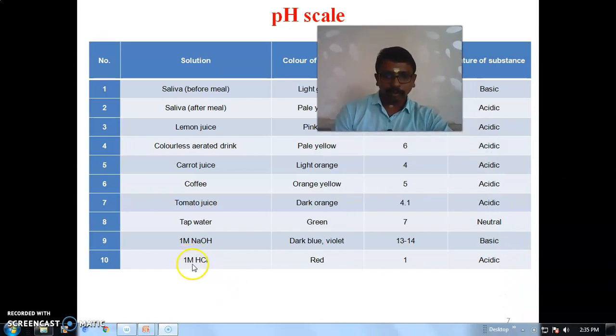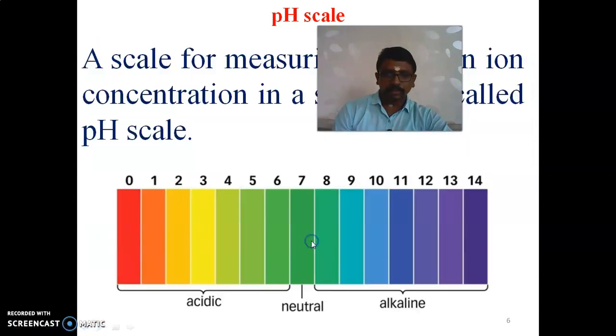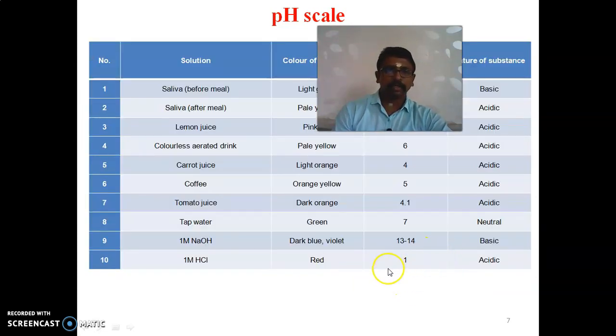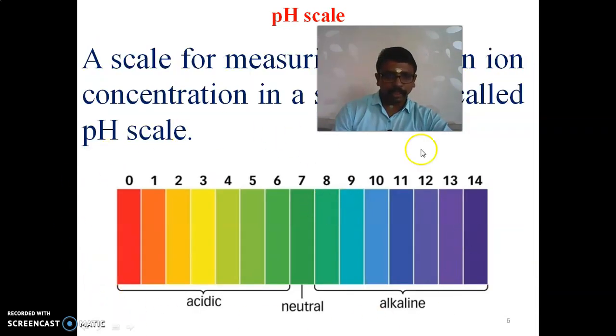And next is 1 molarity HCl, that is hydrochloric acid. The color of the pH paper is red. Red means the pH value will be 1, so the nature of the substance is acidic. The pH value is determined by this color only.